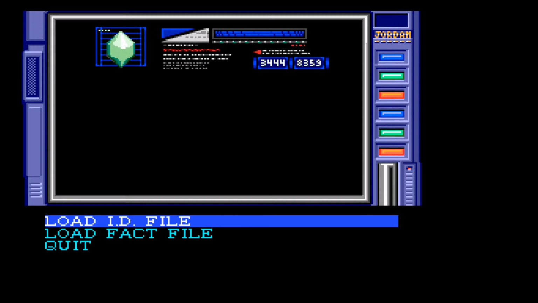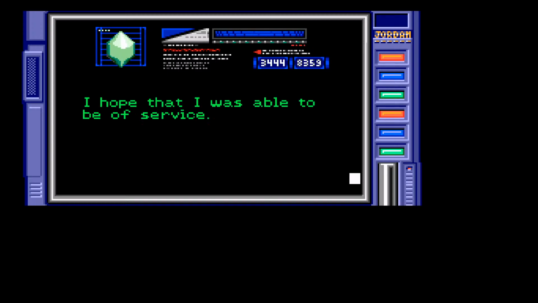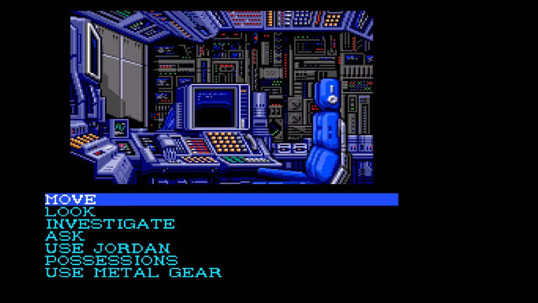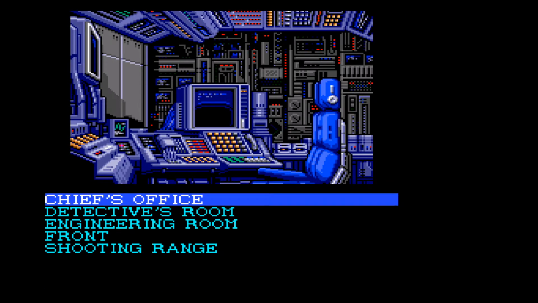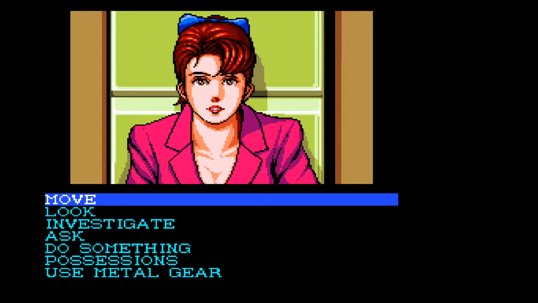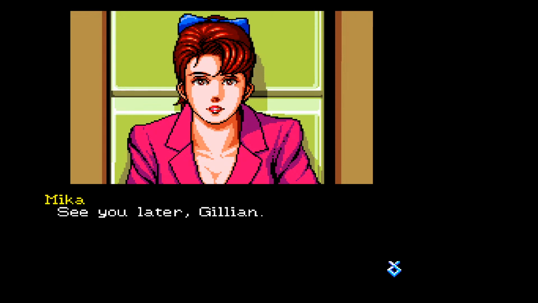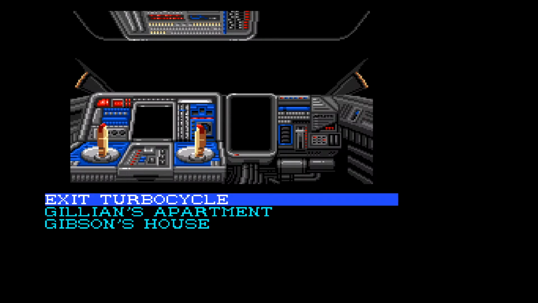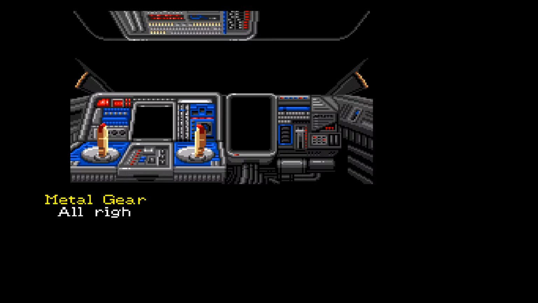Okay. I think that's all the information I needed: his age, her age, and then the birthmark. Let's go to the front. And then to the servo cycle. And back to Gibson's house.